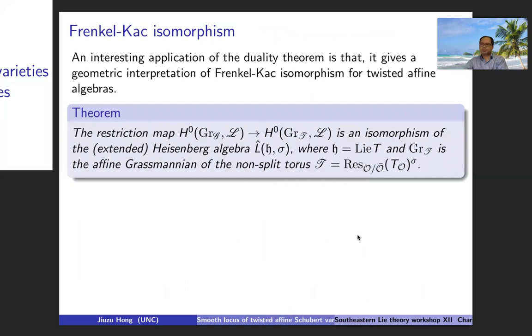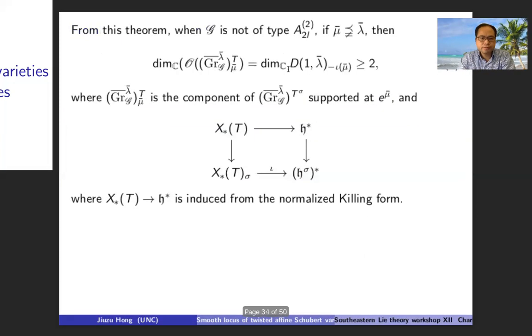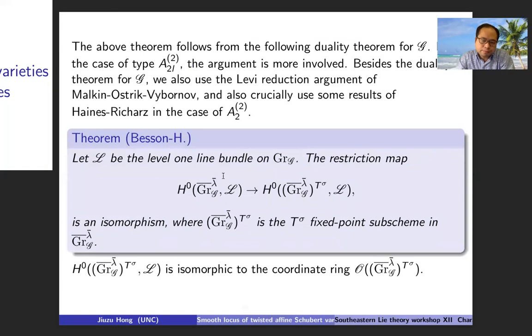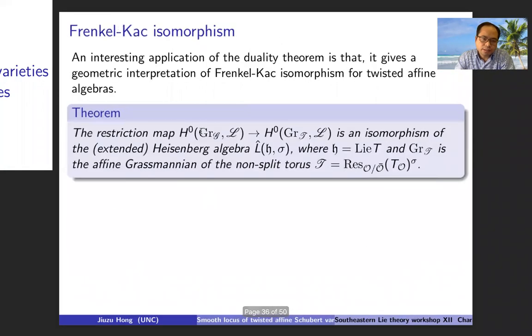Let me remind you of another interesting application of the duality theorem for the twisted type. From the duality theorem, if you make lambda bar more and more dominant, then on this side you will recover H0 of the group.